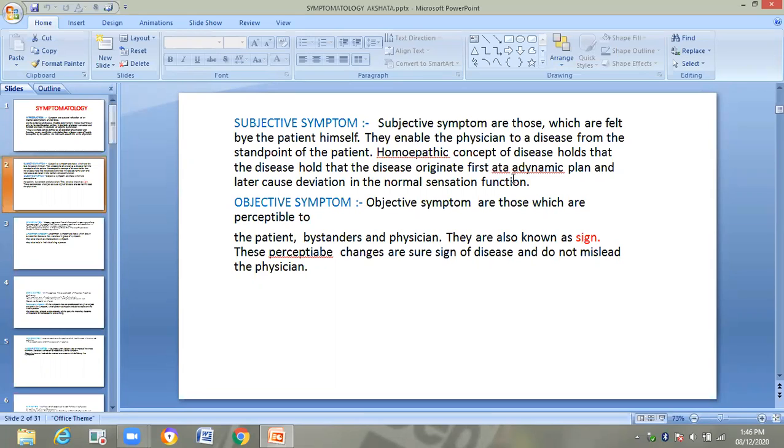In the subjective symptom, we discussed that by physical findings we cannot get anything, and when we go for laboratory investigations, we cannot get any clue either. All the reports are normal in subjective symptoms.